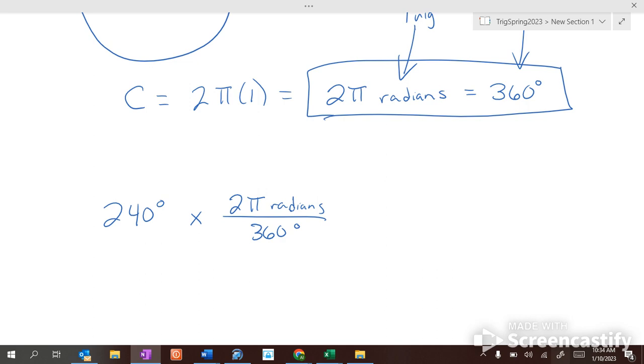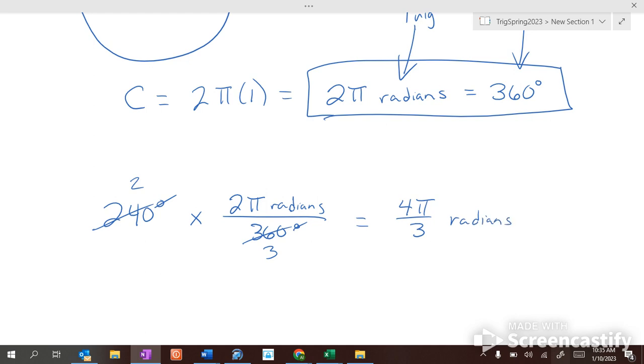It's a unit conversion, just like we learned in Mr. Swenson's class when we were all freshmen. Well, I learned it in Mr. Potus's class when I was a freshman, but that's neither here nor there. Degrees cancel. So, 240 goes into 360 2 and 3 times, because 120 goes into each. So what's 2 times 2 pi? 4 pi over 3 radians.